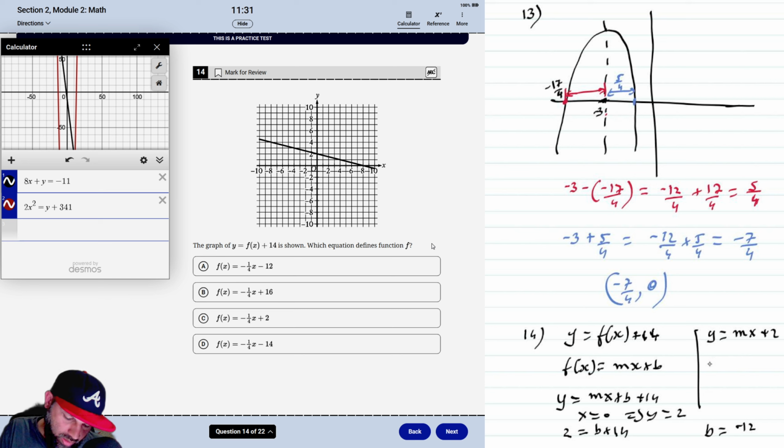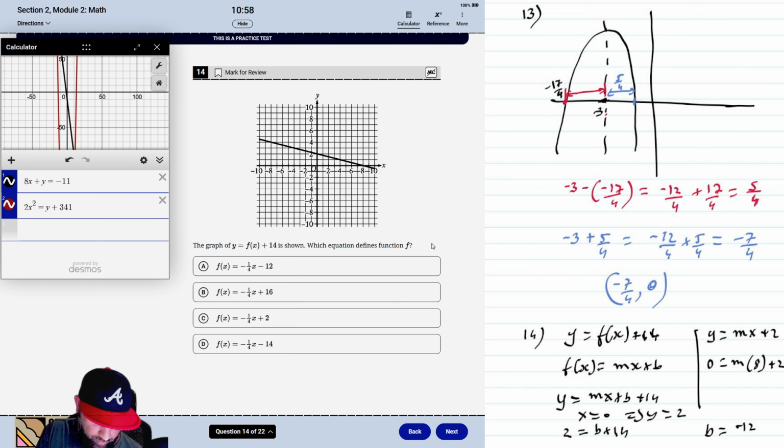And so when x is 8, y is 0. So you have 0 equal to m times 8 plus 2.